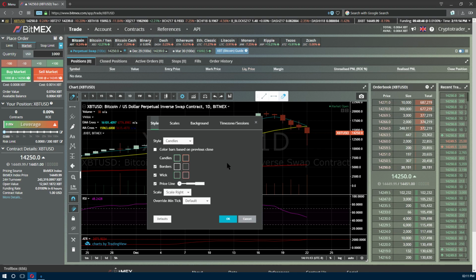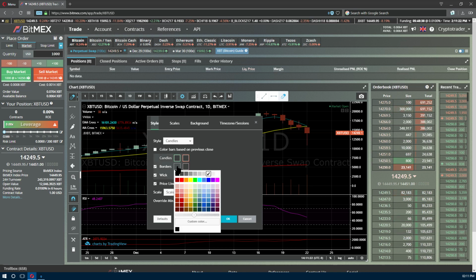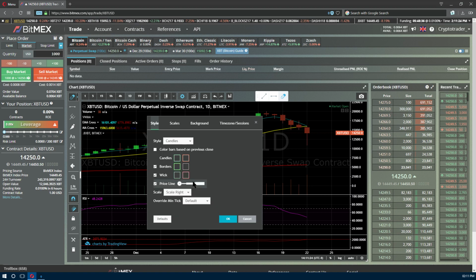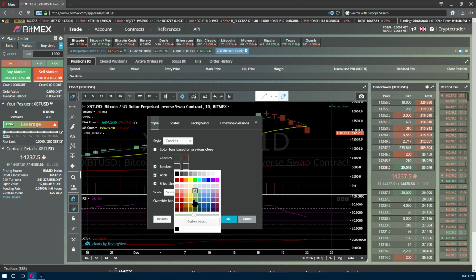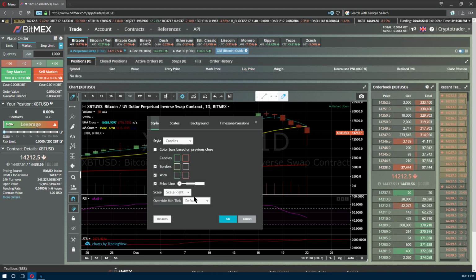Okay, well, undo. Can't undo that much. All right, so the border should be green. All right, not that green. Green. All right, that's better.